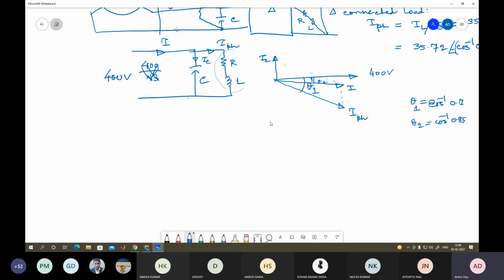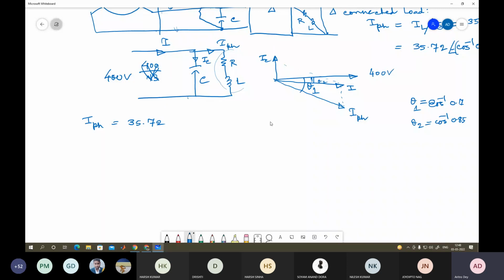Yes, sir. Okay, fine. So once it is clear, then we can find out what is the I current we require. We know our phase current, right? I phase is equal to 35.72. We need to find out this IC. If we can find out IC, then IC is what?